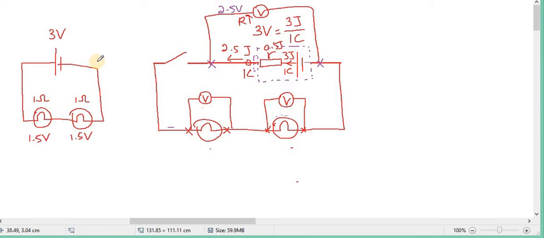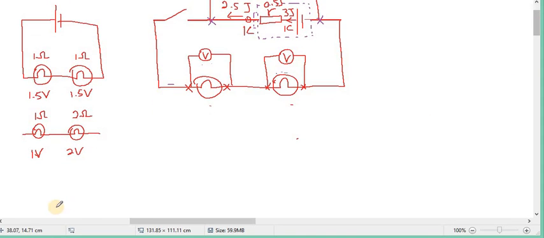Okay? And then, let's say I change this bulb. This is still 1 ohm, but I change this bulb to become a 2 ohm bulb. Then what will happen to the potential difference? Yes, very good. This one will be 1 volt, this one will be 2 volt.